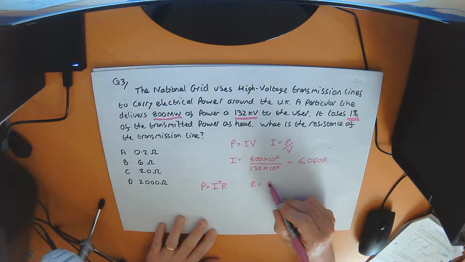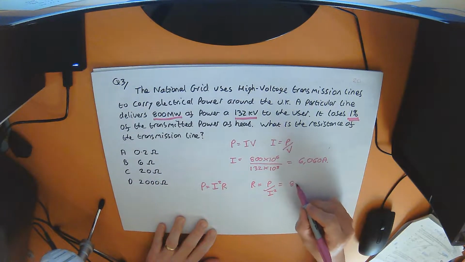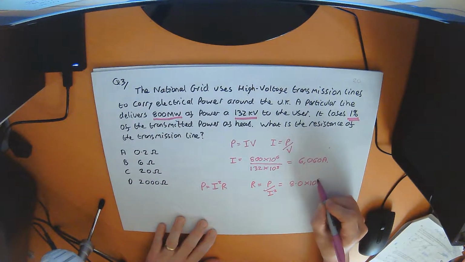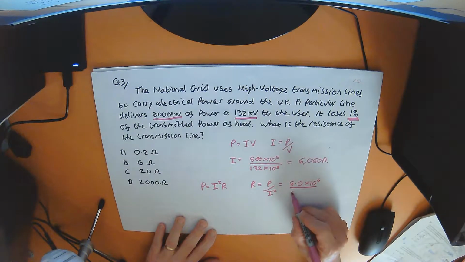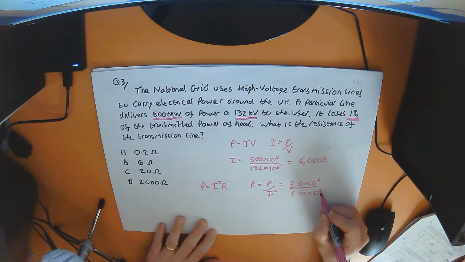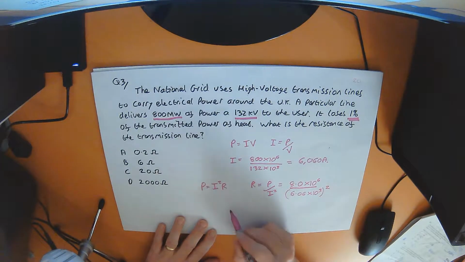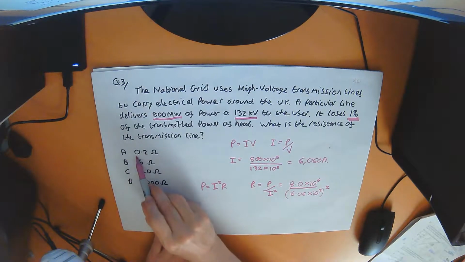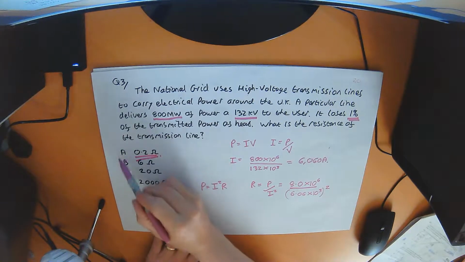R equals P over I squared, which is now 8, not 800, times 10 to the 6, that's megawatts, divided by 6.06 times 10 to the 3 squared for I squared, and that gives us a value for R, which is pretty close to being 0.2 ohms. The answer is A.